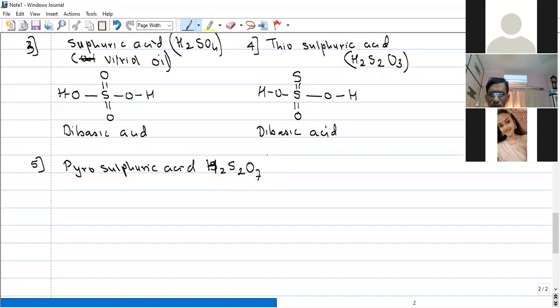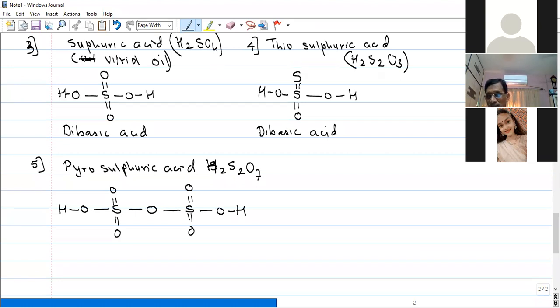See the structure of sulfuric acid. उसी structure से बनता है ये. H, O, S, double bond O, double bond O, single bond O, S, double bond O, double bond O, O, H. Compare sulfuric acid and pyrosulfuric acid.